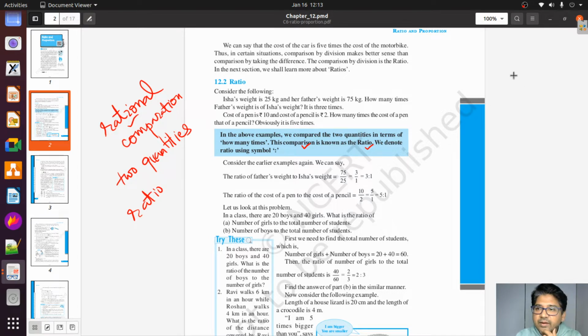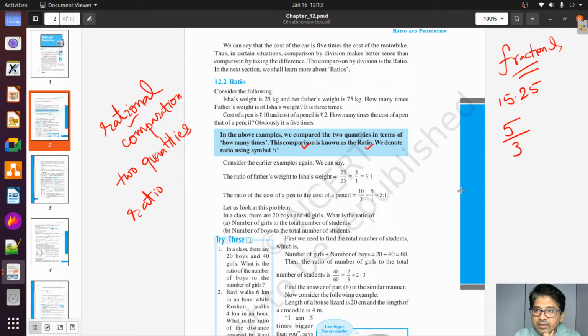What do you mean by rational? It means it's not a fractional. What do you mean by fractional? Fractional is like decimal. यदि मैं बोलूं 15.25 is a fraction, a decimal. Rational is like 5 by 3, meaning 5 divided by 3.